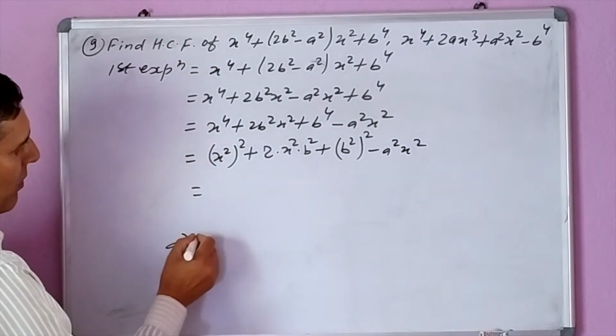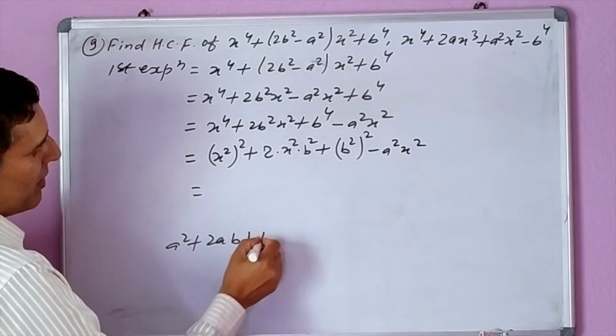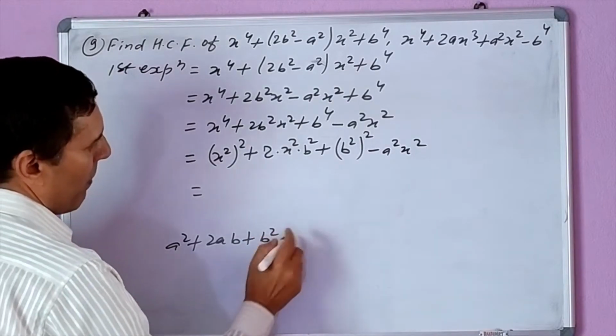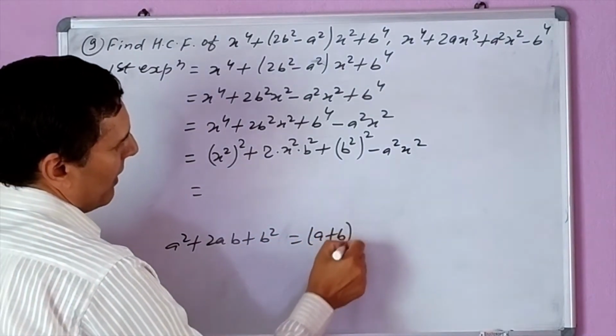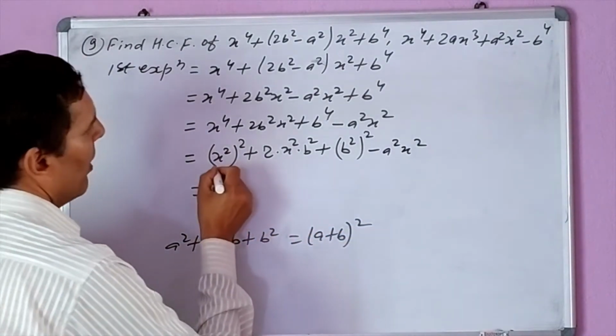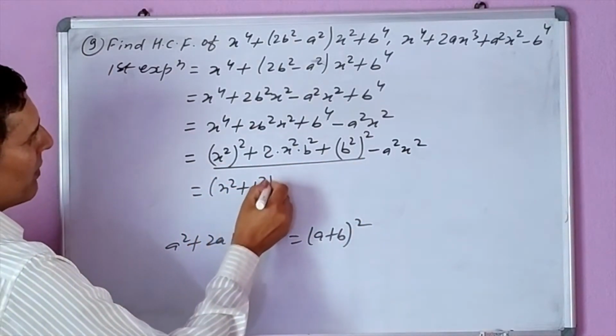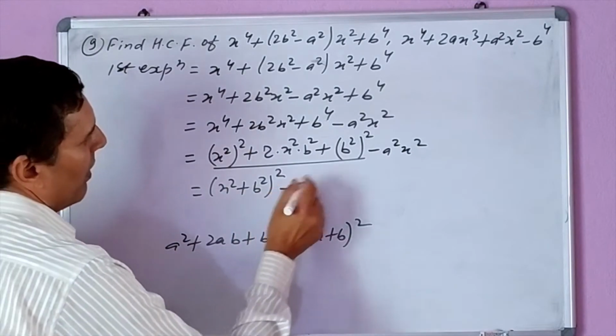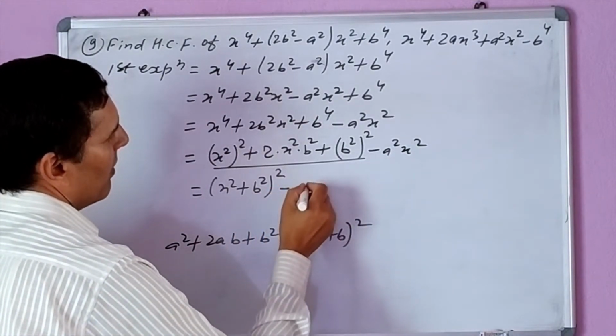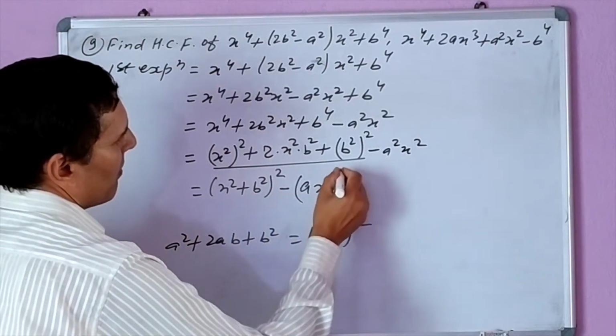Now a^2 + 2ab + b^2 is the square of (a + b). So up to here it can be written as (x^2 + b^2) whole square, and this last a^2x^2 we can write as the square of ax.